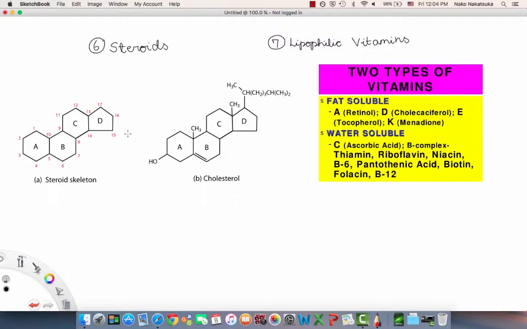So steroids have this particular ring system, as you can see in these 2 diagrams. This is a steroid skeleton, and an example is cholesterol. And the core is approximately flat for all of these structures.